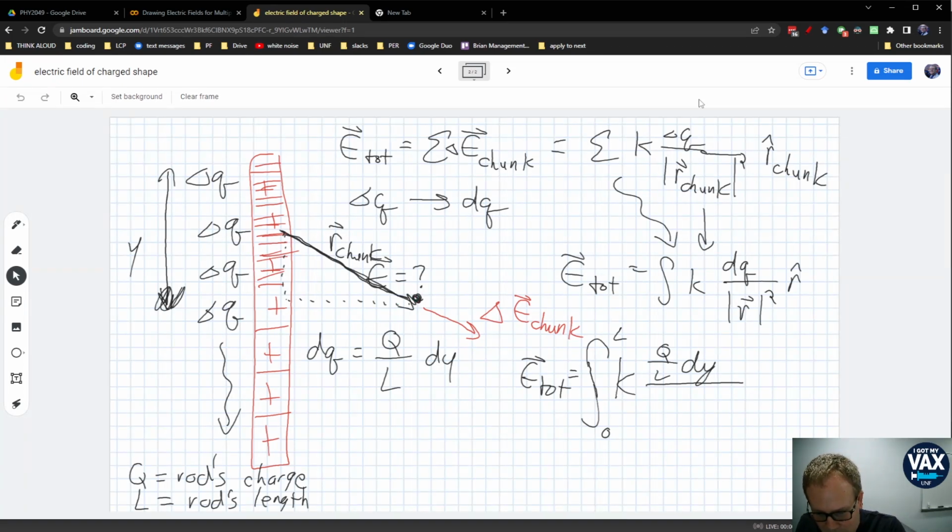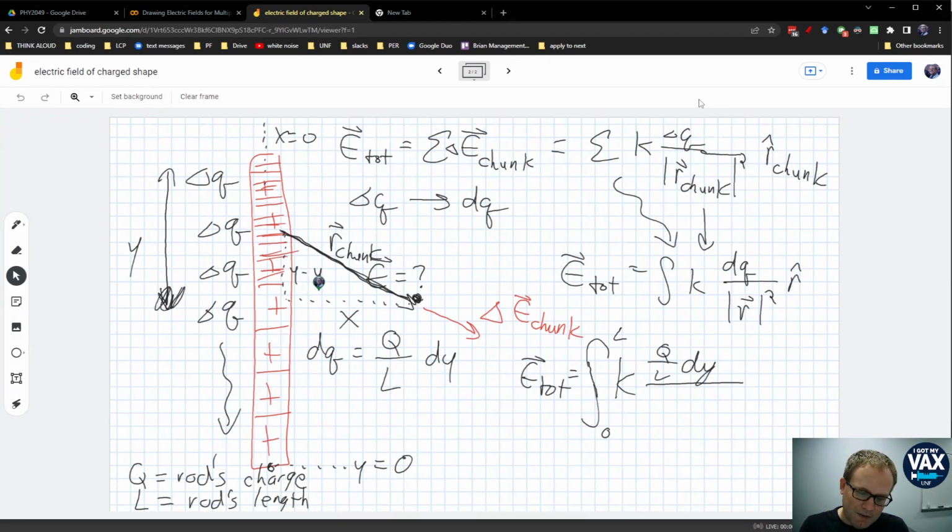And let's suppose we make this simple. Let's suppose we put our rod at x equals 0, just to make it simple. You get to pick where the origin is. And let's suppose we start here, at y equals 0. When I think about that, each of these distances is going to be basically our x value along here, and then our y minus y.